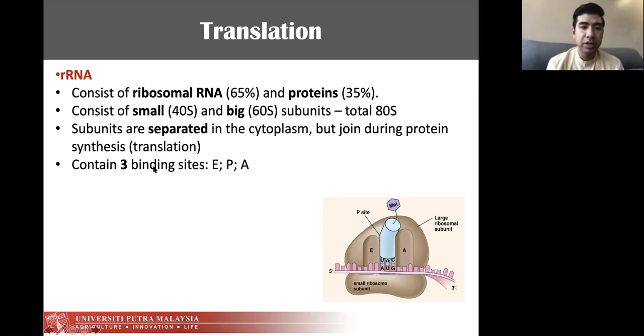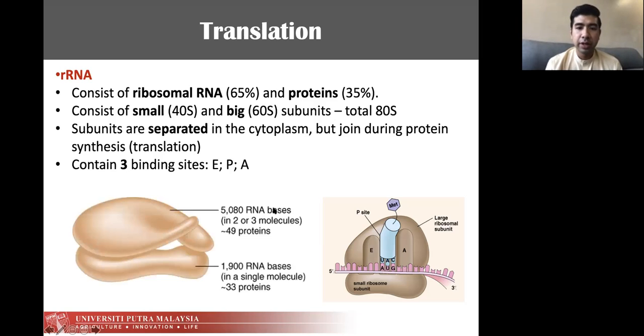It contains binding sites E, P, and A. Here there are about 5,000 RNA bases and 1,900 RNA bases, combined with 49 different types of proteins, which is a lot, and 33 types of proteins. So here is a combination of RNA bases and protein that shape like this.